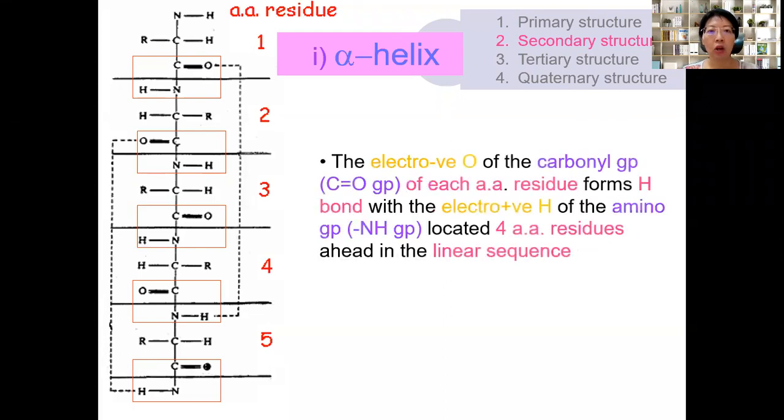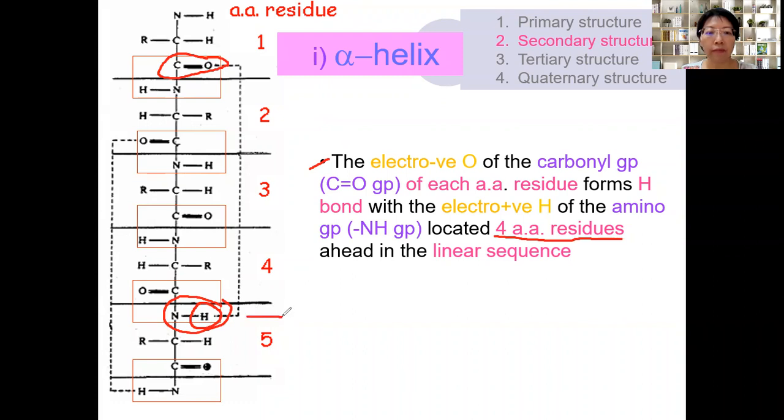Okay, so let's recap. The electronegative O of the carbonyl group, the CO is called the carbonyl group, forms a hydrogen bond with the electropositive H of the amino group, located 4 amino acid residues ahead.